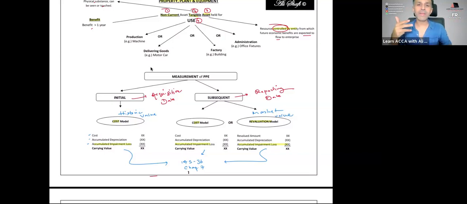And why do they keep that building? Not to sell it to someone. They keep it for themselves, to provide them with the benefit of service. Service is what? Conducting their business operations in it, displaying their products in it, so that customers walk in and buy the product. So they're using that building every other day, 24/7, 365 days a year, it will definitely be property, plant and equipment.